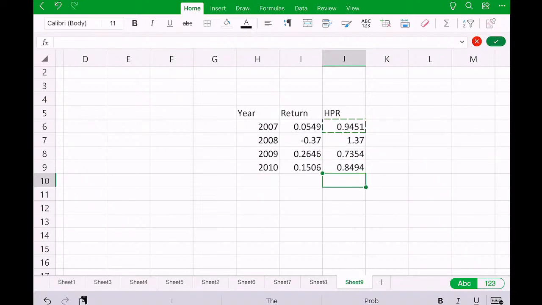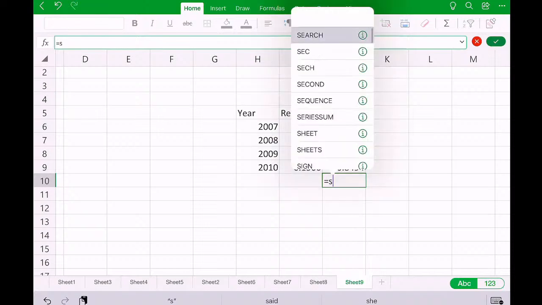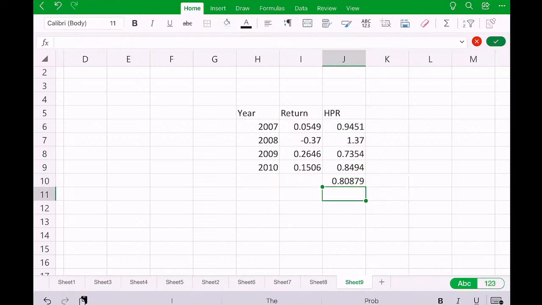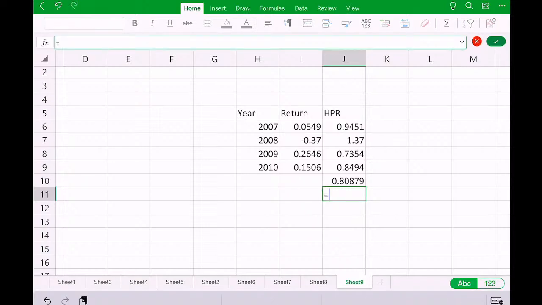And then sum it. No, you don't want to sum them, you want to multiply them, right? You want to multiply those. You can probably do geometric average return in Excel. I didn't even think. But then what you want to do is minus 1.